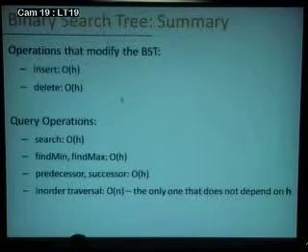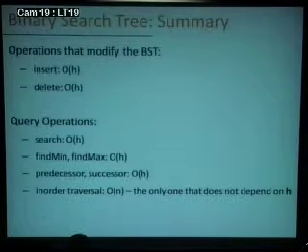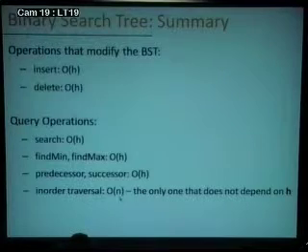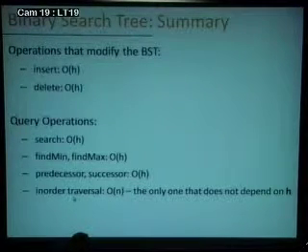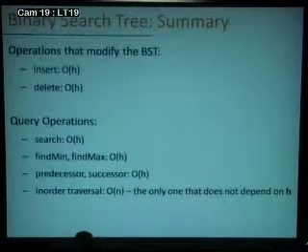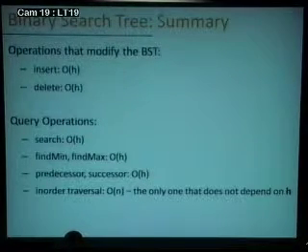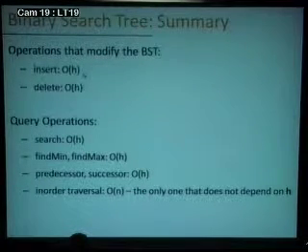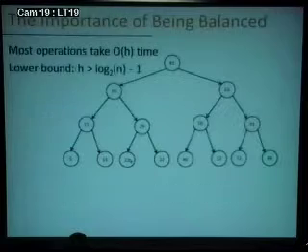Out of these operations, only in-order traversal is not affected by H; it's O(N). Given a BST, when you run in-order traversal, it will produce the sorted output of the content of the BST. But the rest mostly depend on H.